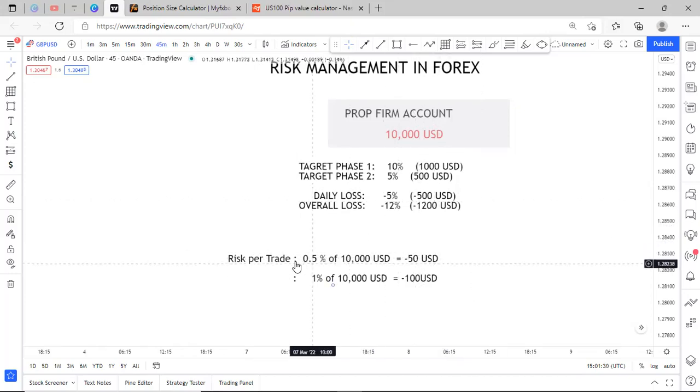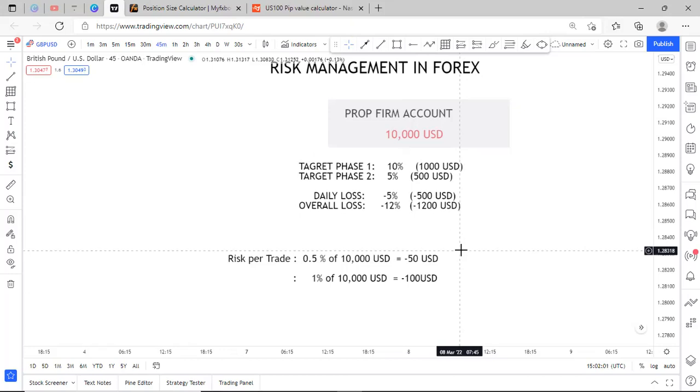If you were risking 0.5% of $10,000, that means if your trade hits stop loss, you are losing 50 US dollar per trade. Now let's say in a period of 2 weeks, you had 10 trades in total, and all trades were losing trades. So if you multiply 50 US dollar by 10 trades, that will leave you with minus 500 US dollar.